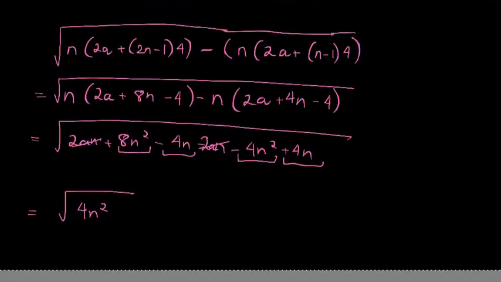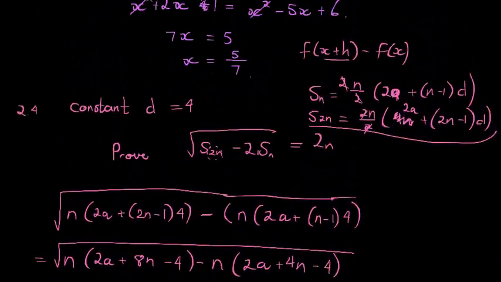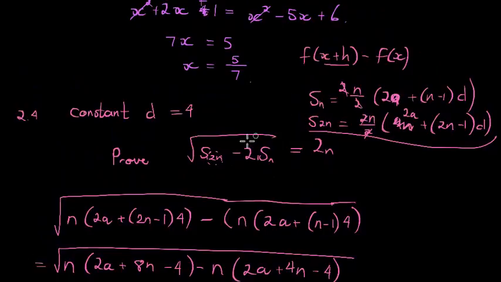And all I now need to do is show that the square root of this: the square root of 4 is 2, the square root of n squared is n. So I do agree, this is not straightforward, as long as you understand that this is almost like function notation. Whatever is here, I substitute into n.